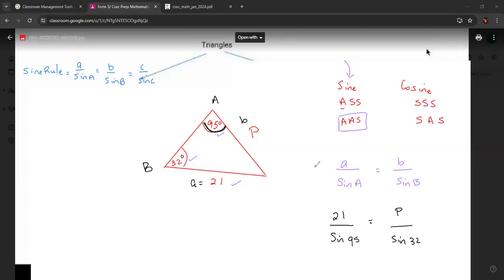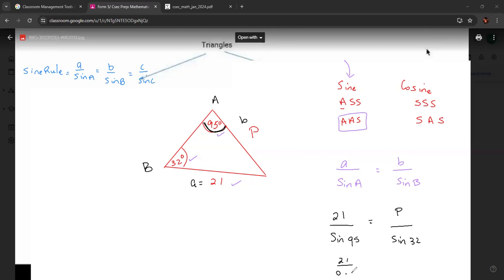Right. So you're using your calculator to solve these values, right? So you have 21 over sine of 95. Again, remember, it depends on how much you round off to. You might have a slight variation with your answer by point something, right? So sine of 95, I am rounding off to 3 decimal places.